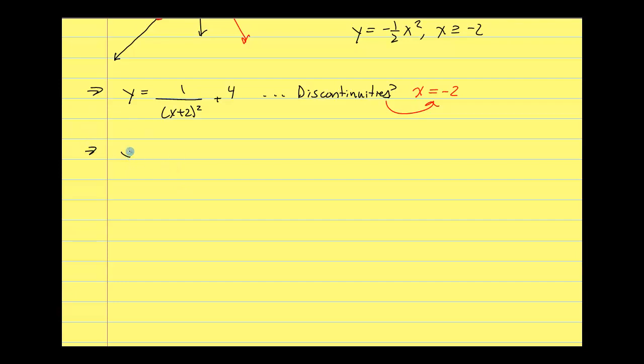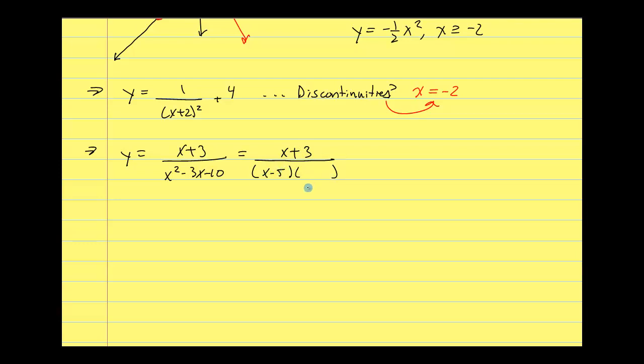Let's go ahead and look at another function. x plus 3 over x squared minus 3x minus 10. Now discontinuities occur where the denominator is equal to 0, so let's factor and set that equal to 0.